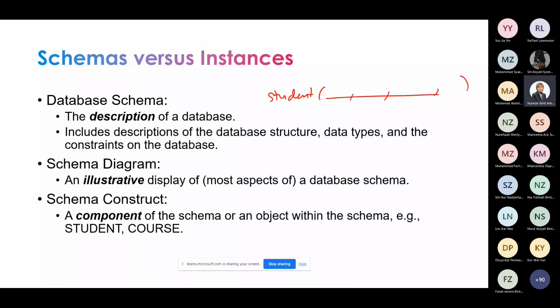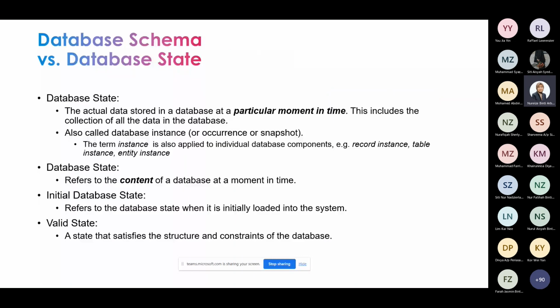And we also have a database state. The database state is the actual data stored in a database at a particular moment in time. We understand that information in the database keeps changing, because new data comes in, old data becomes obsolete, data is updated, and so on.